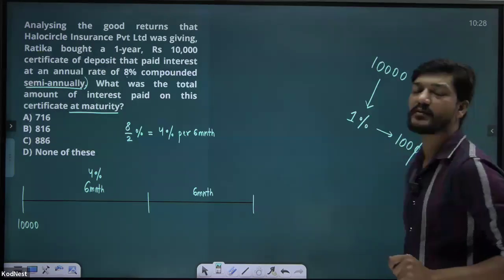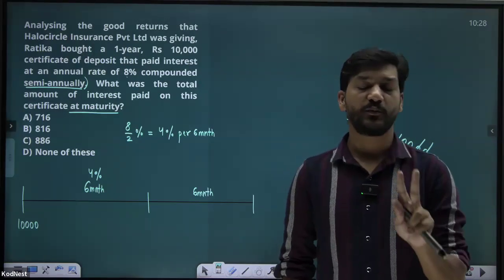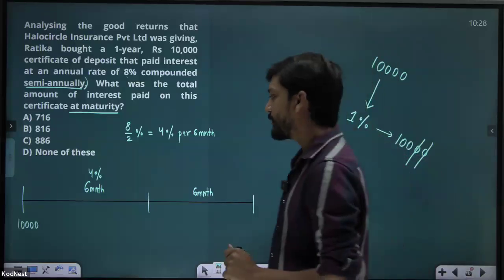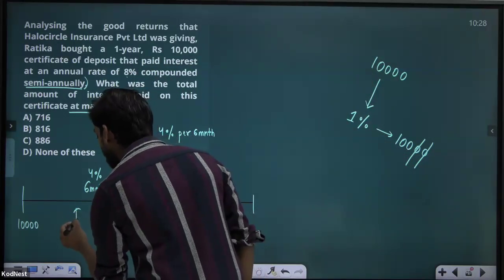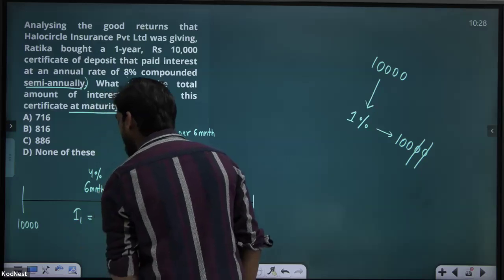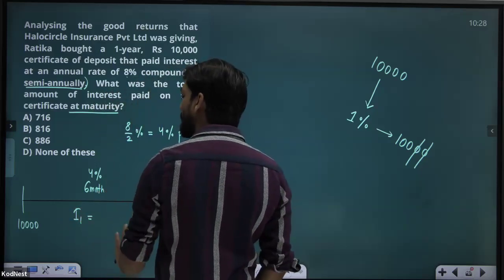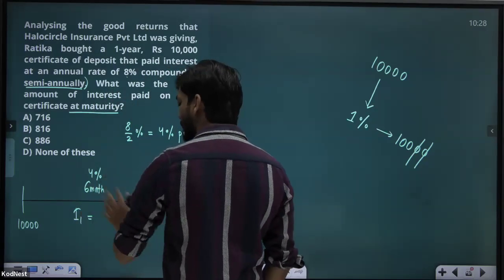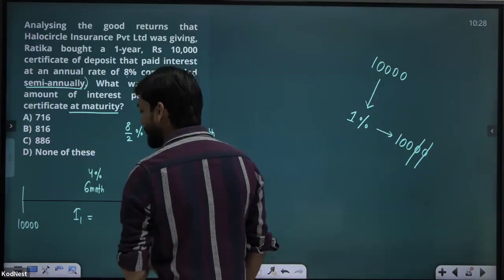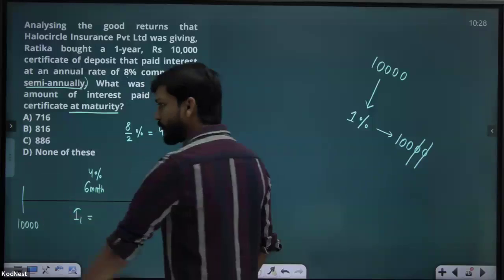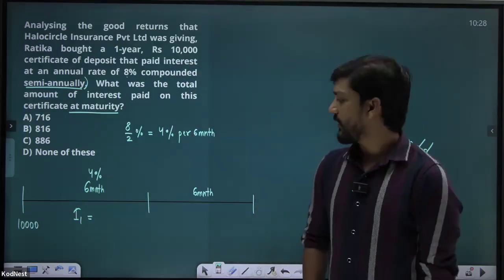As simple as this. Two zeros you have to remove, you will get 1% value. So 1% of this will come out to be... I1. That means first calculation. It is not interest of first year. Okay. So the first calculation, first interest will be 4% of principal.